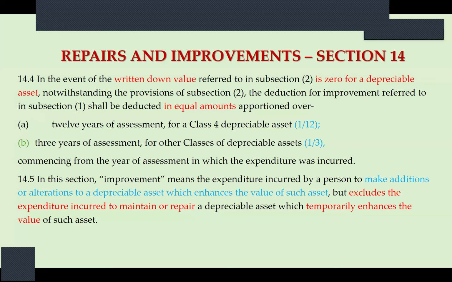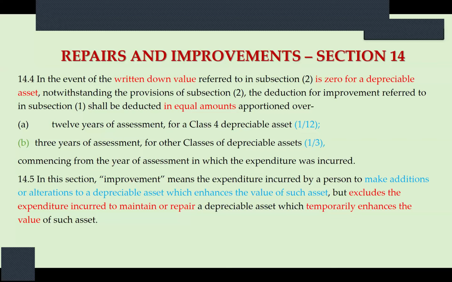Therefore, after the written down value becomes 0 also, we know that there will be some expenditure for repair and improvement. To consider that kind of expenditure, we have included this subsection 4 to section 14. It says 12 years of assessment for a class 4 depreciable asset.